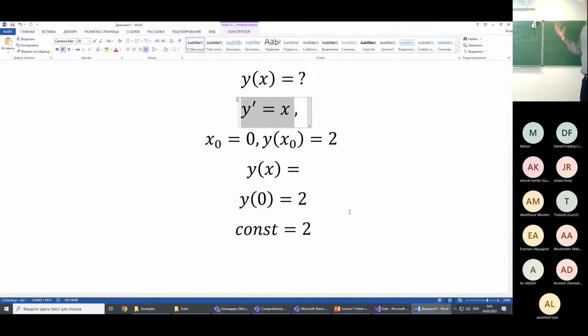The question is, what function has a derivative x? A constant has a derivative 0. What function has a derivative x?